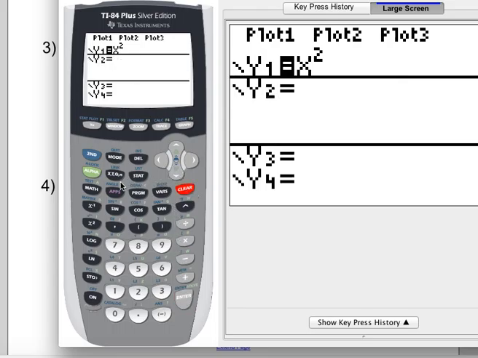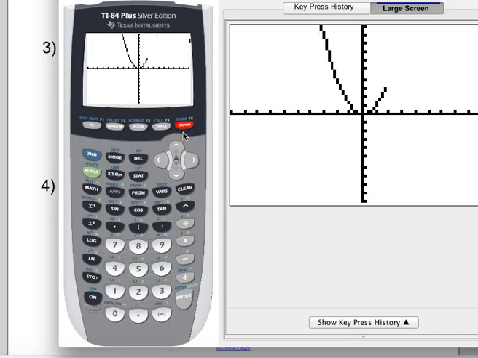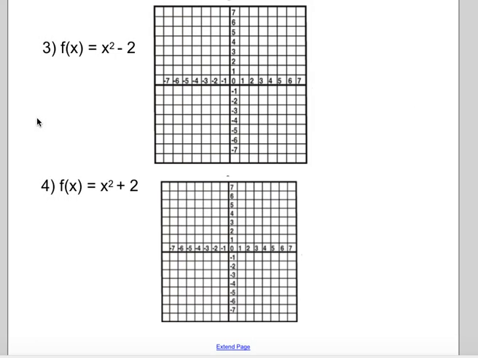So we could look at x squared here, and let's do the -2 one. What happens with that when we graph it out? There's the original one, and there's that one. Notice it moved it 2 down. So if on the outside the -2 moved it 2 down, then when you've got a plus, it's going to move it up 2.